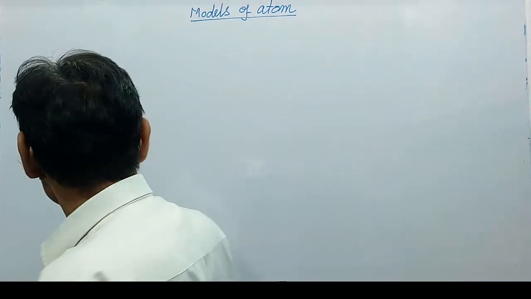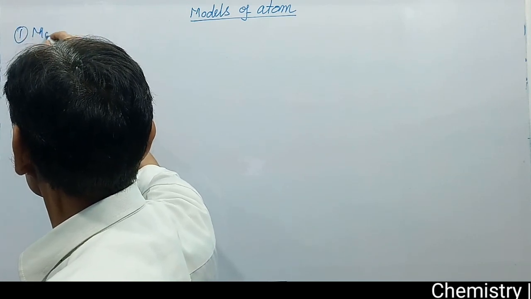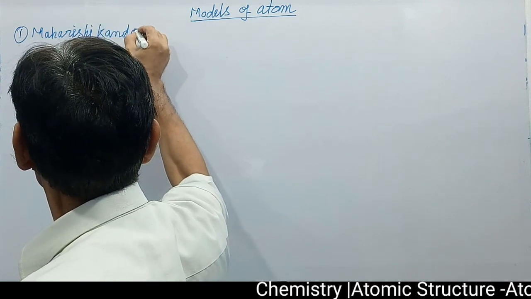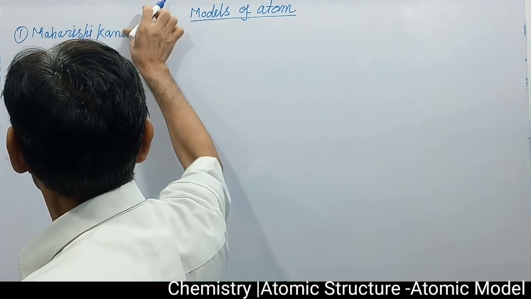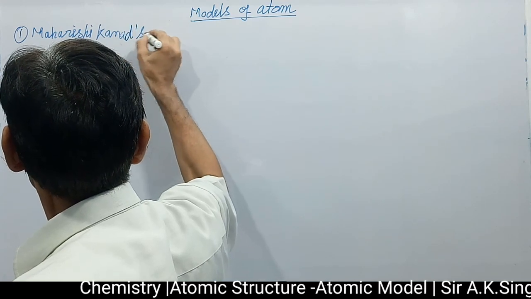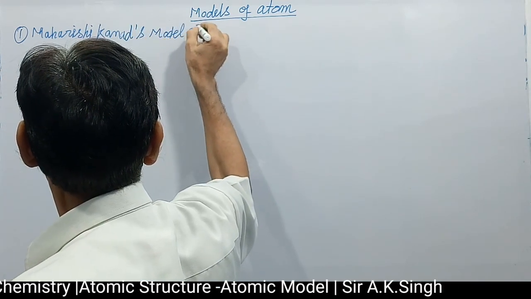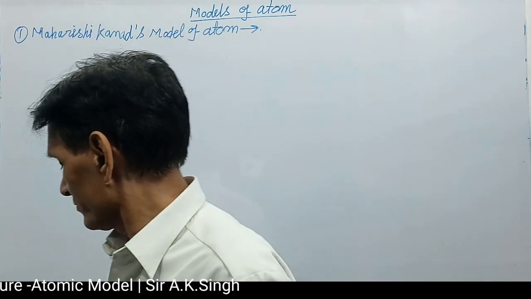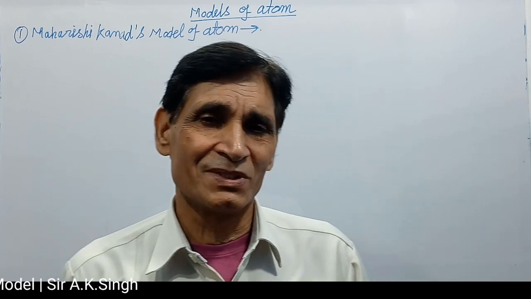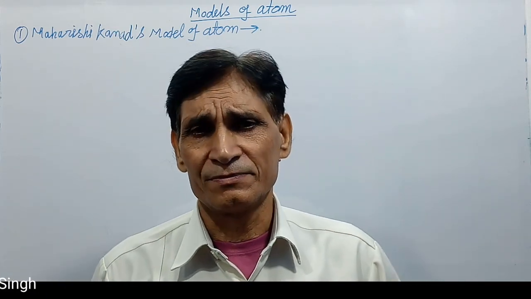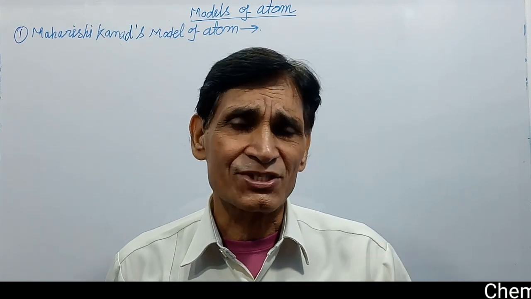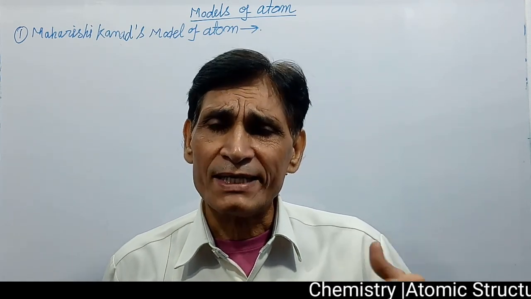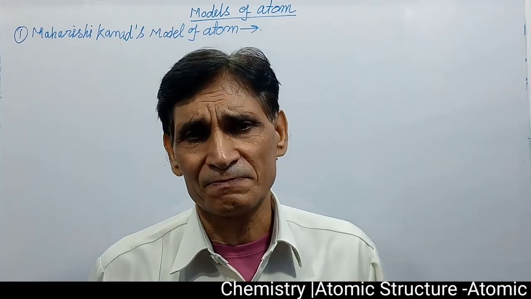First, Maharishi Kanad's model of atom. According to Maharishi Kanad, if a pure substance is broken into smaller particle, then a stage is reached when the particles further cannot be subdivided into other simpler particles.